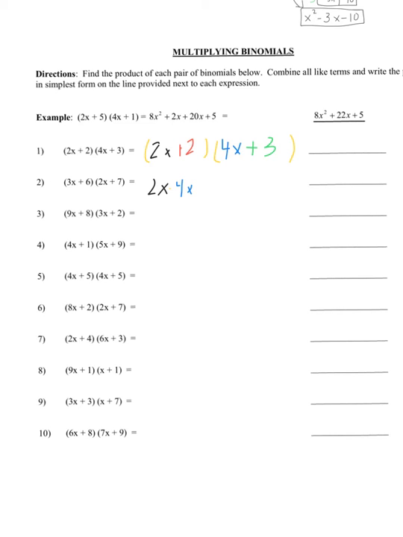The outer terms together, we're going to multiply the 2x times 3. Then we're going to multiply the inner terms together, 2 times the 4x. And then the last terms, 2 times the 3.